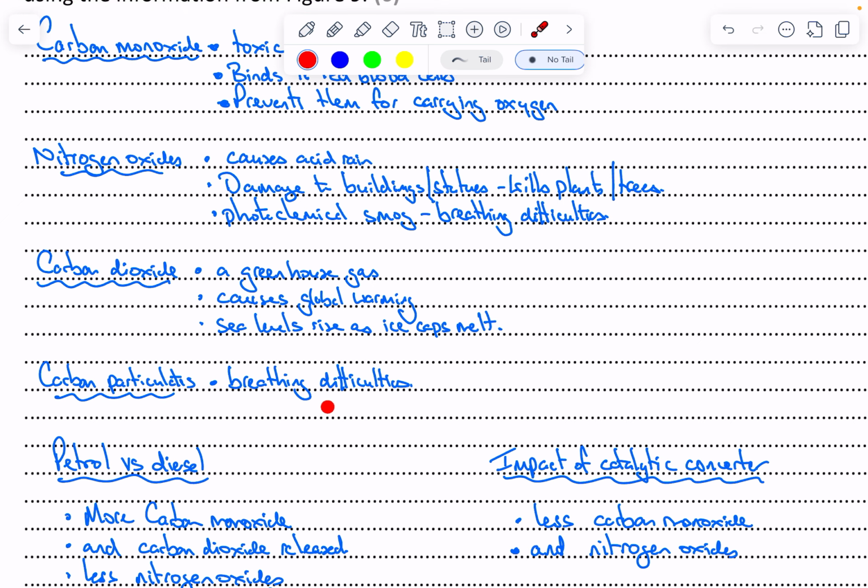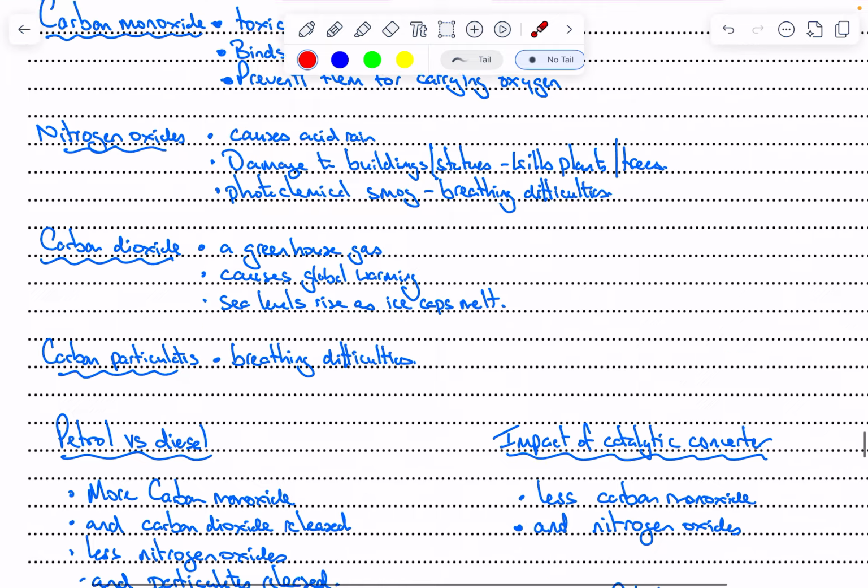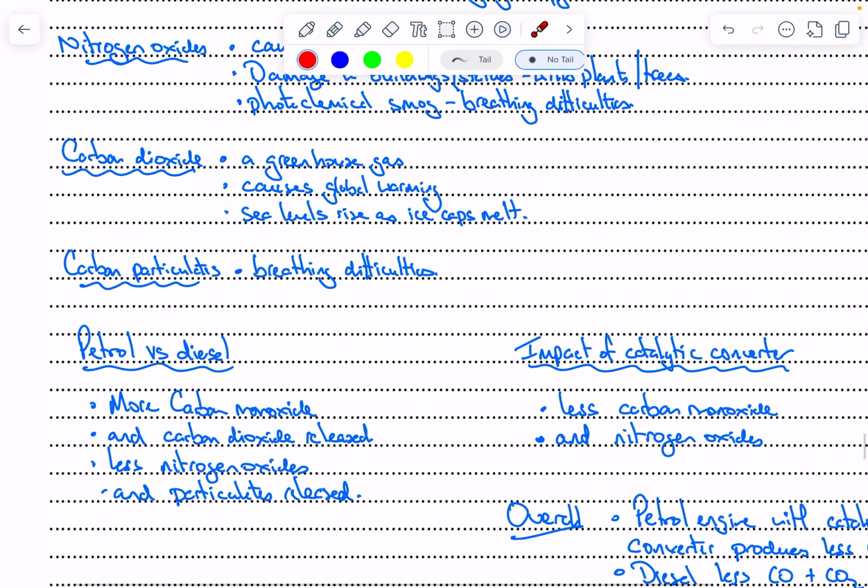So that's something that, again, environmentally is an issue. Now let's look at my 2 comparisons. So petrol versus diesel. If you look at the data, petrol has got more carbon monoxide and also more carbon dioxide being released. The petrol has less nitrogen oxides and also less particles being released.